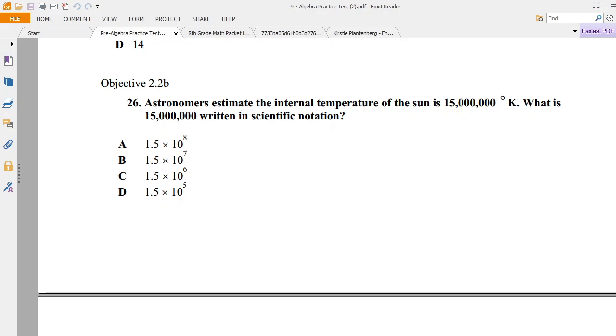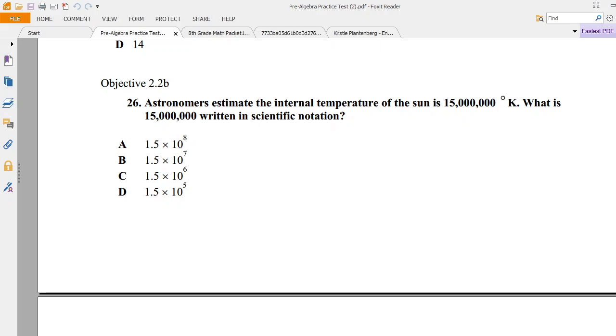What is 50 million written in scientific notation? 50 million means 15 times 10 raised to 6, that is 6 zeros. But when you write in scientific notation, you cannot write 15 times.